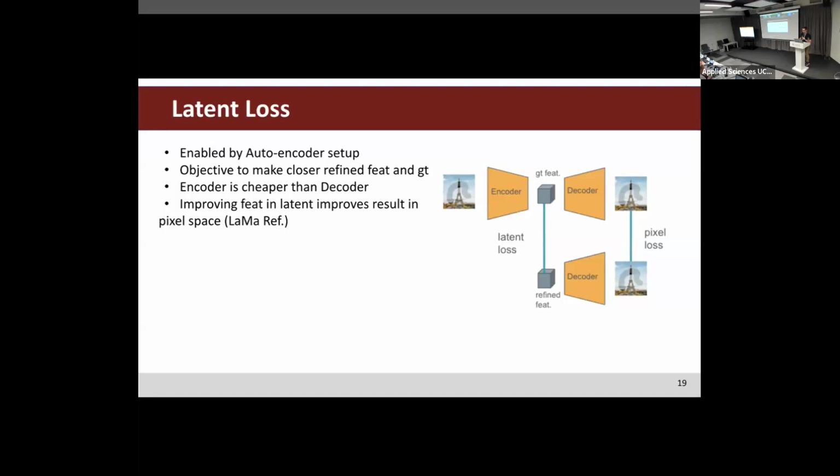And it could be done using the fact that we have an autoencoder, so we could encode our ground truth image from image space to latent space, and within this space we could expect that ground truth features and refined features would be closer, and theoretically optimizing these refined features would lead to better results after decoding, as was shown in the Llama Refiner paper.